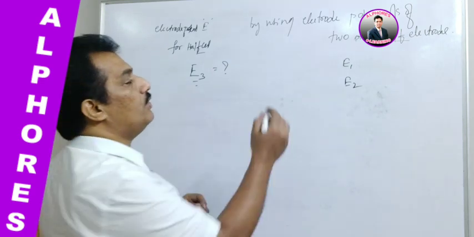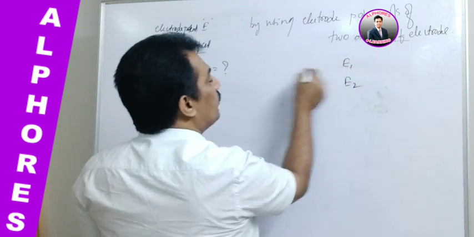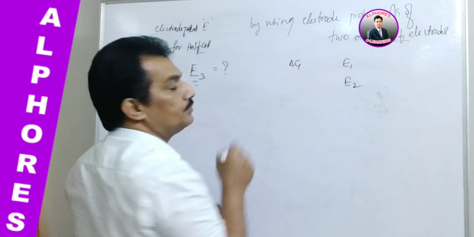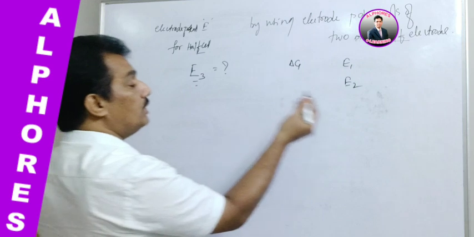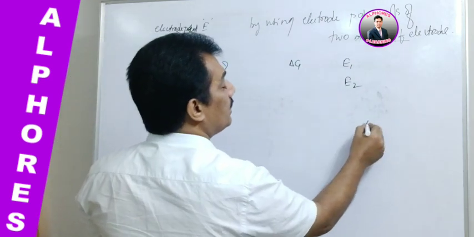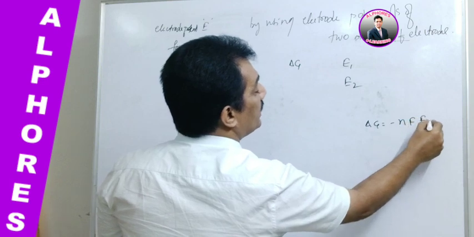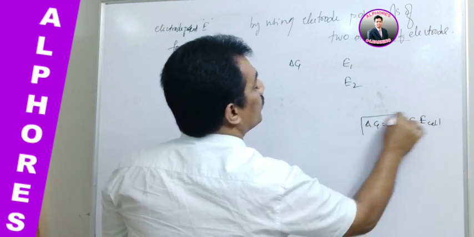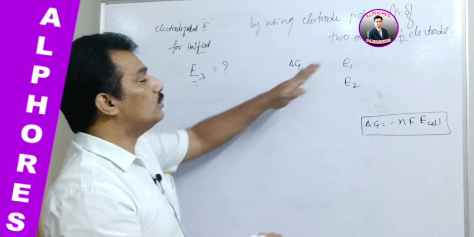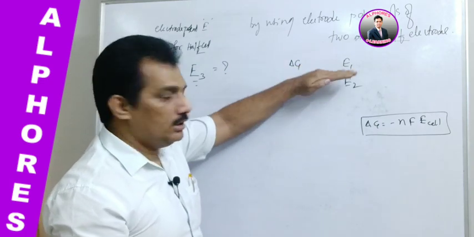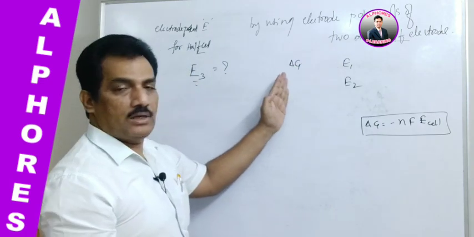We have to relate this with delta G. Already we know how delta G is related to the EMF of the cell. Delta G is nothing but minus nFE cell, is it not? So with this relation, we have to convert the EMF of the electrode into delta G.